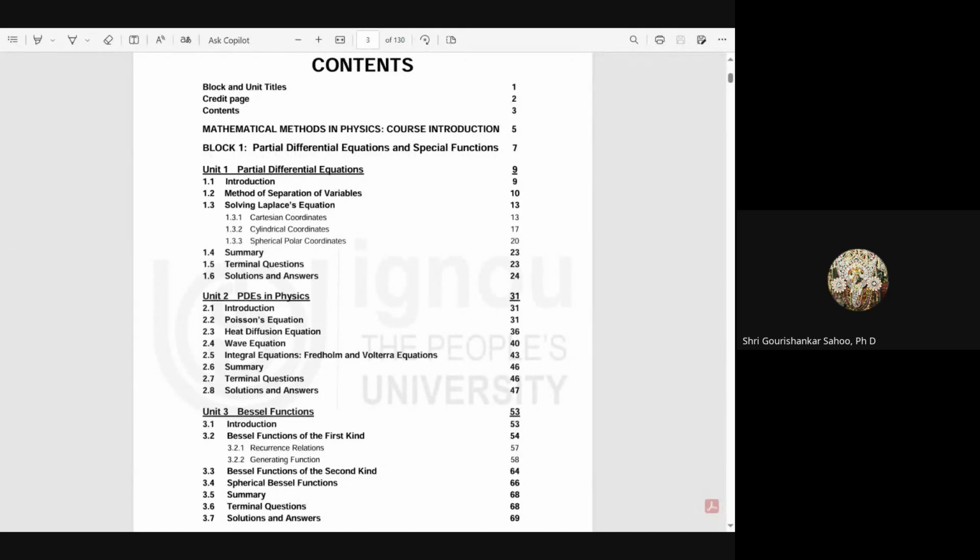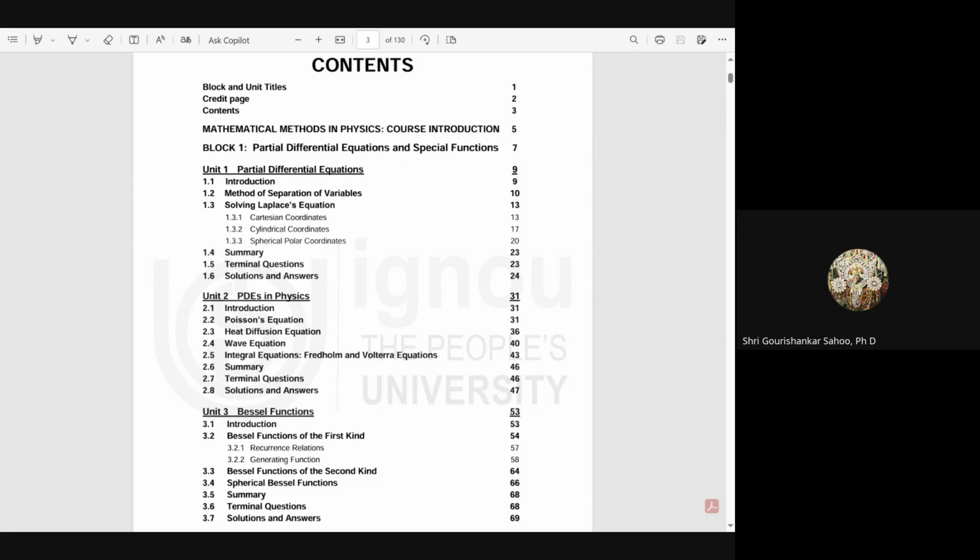Then there are many partial differential equations in physics, that is the Poisson equation, heat diffusion equation, wave equation, Fredholm and Volterra equations. Then there are some special functions which are in the form of differential equations and can be solved by using special techniques.